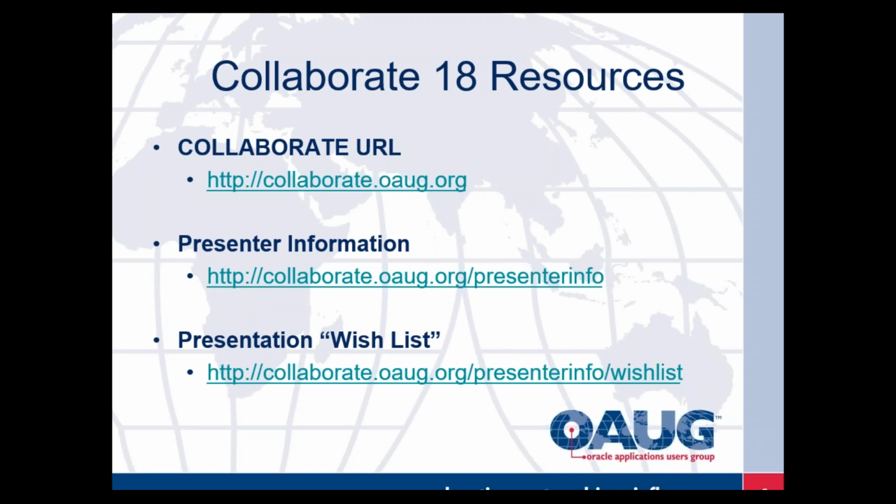To answer that, in the same way we've got presenter information and the URL for that, if you want to submit to IOUG or to Quest, I would go out to their website and look for the same type of information that we have here, and then that will answer it more. We're not on the board of the other two user groups, and we can't make the rules for the other two user groups.